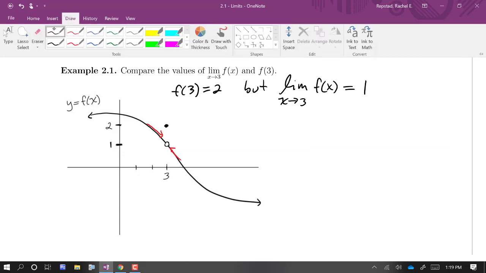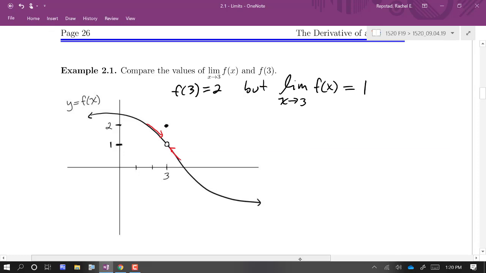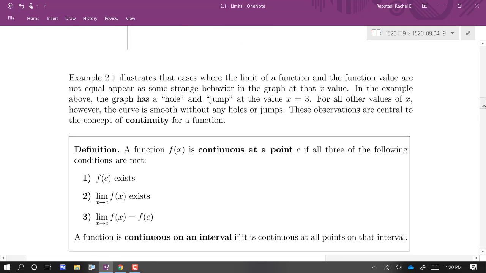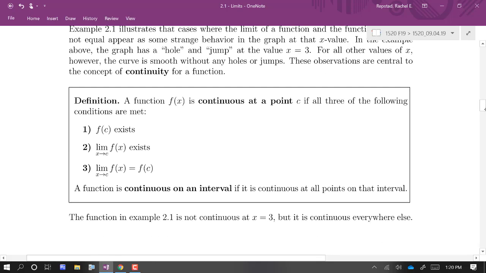So the whole idea of continuity is central to calculus. A lot of our results that we'll use in calculus assume f of x is continuous. Provided that f of x is a continuous function, then we get to do all these things. And here's what it means to be continuous at a point, right? When we talk about continuity of a function, we really mean continuous at a particular point. In order for a function to be continuous at a point, the function has to exist there.